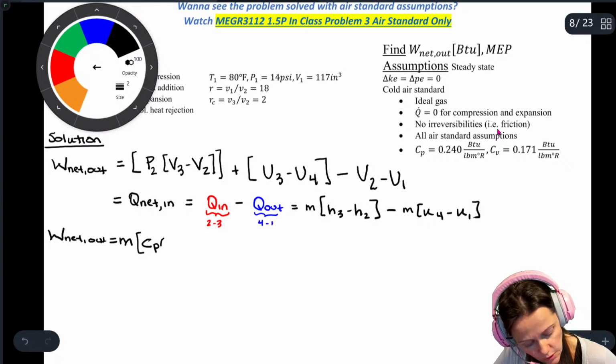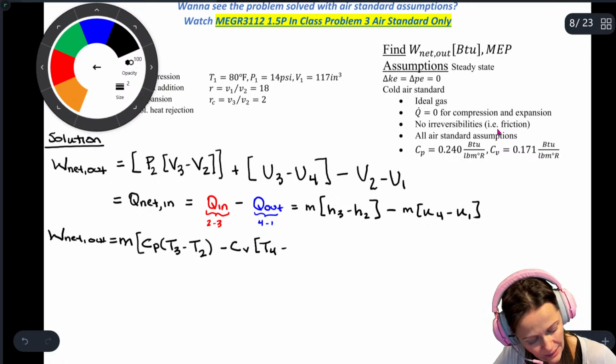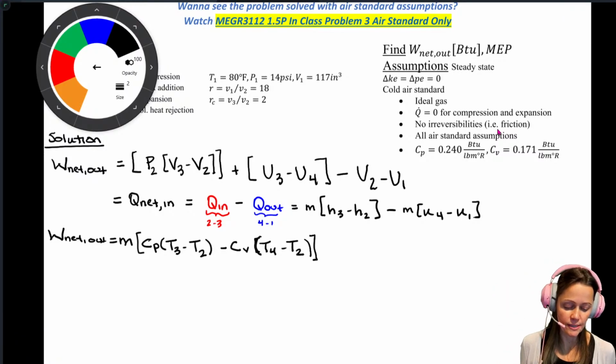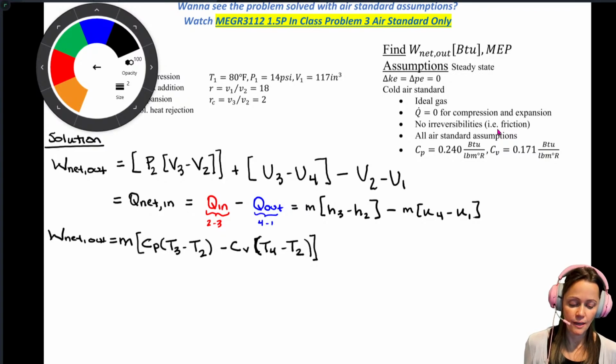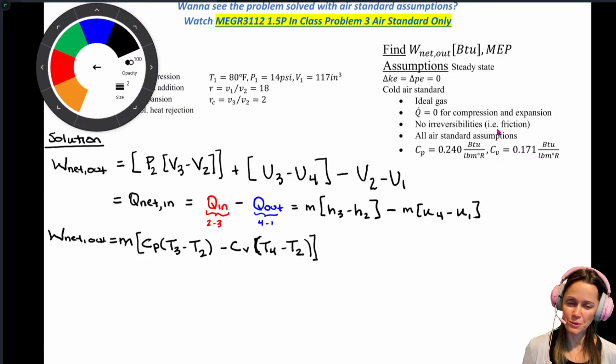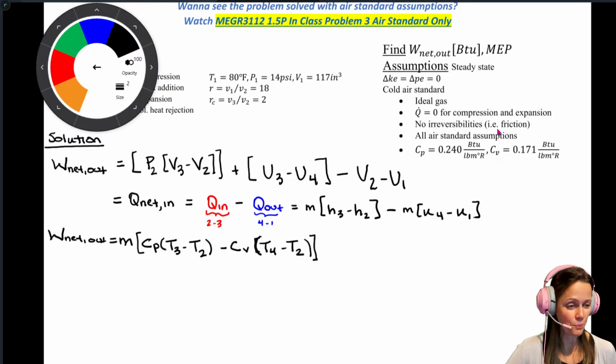So delta H is CP delta T. So this is the last thing I'm writing. There we go. And so I've got my first governing equation. You'll notice that I still need to find that mass. Boy, that would be a good job for the ideal gas law. So that's probably what we'll start with the next time, okay?